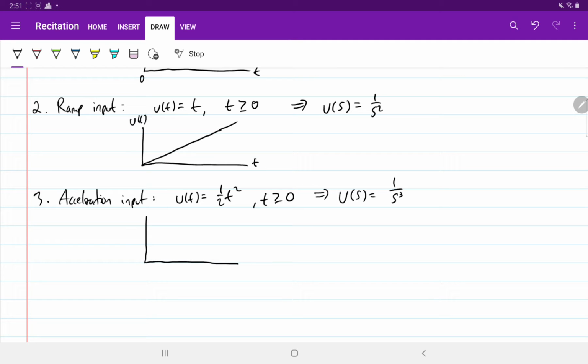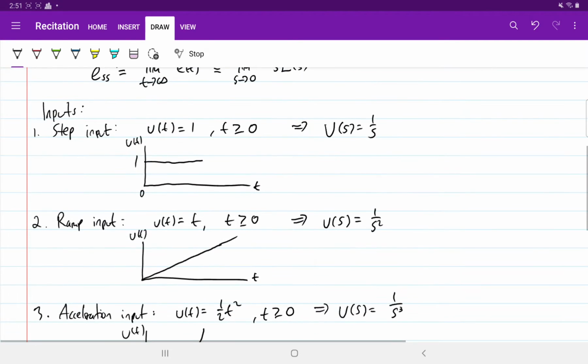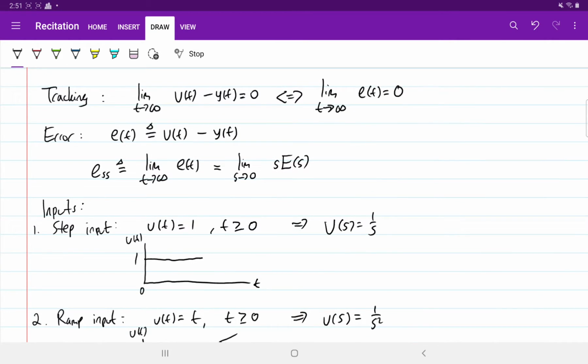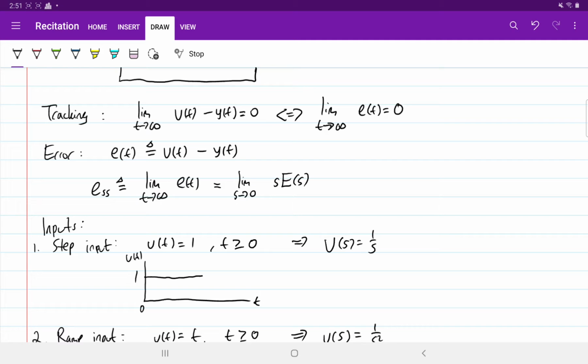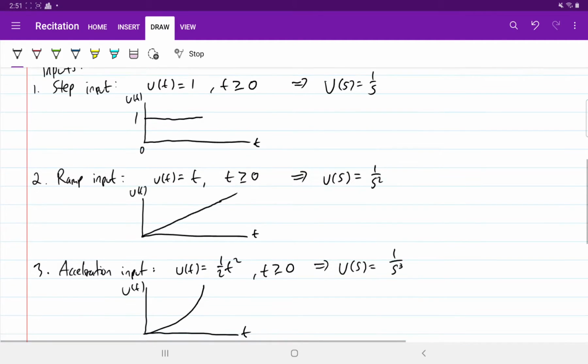So it is a quadratic function, looks like this, t versus u of t. In this lecture I will be discussing the corresponding steady state error given these three different inputs.